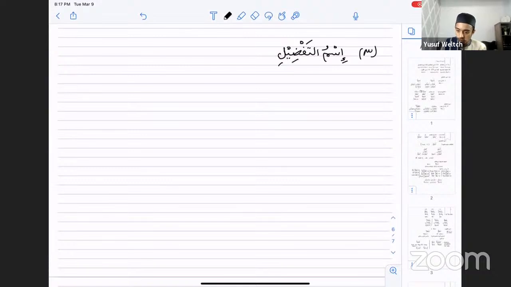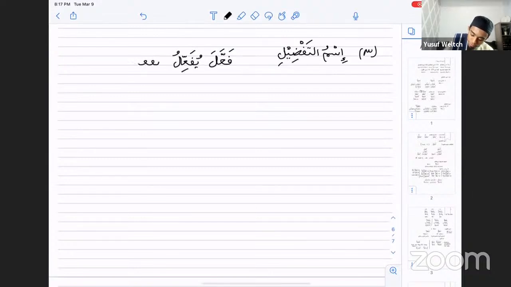Is this form 2? Form 2, right? So form 2 is fa'ala, yufa'ilu, which is present tense, just like yu'allimu just now. Taf'il is the root noun. So if that's how form 2 works out, then what are the root letters of tafdil?